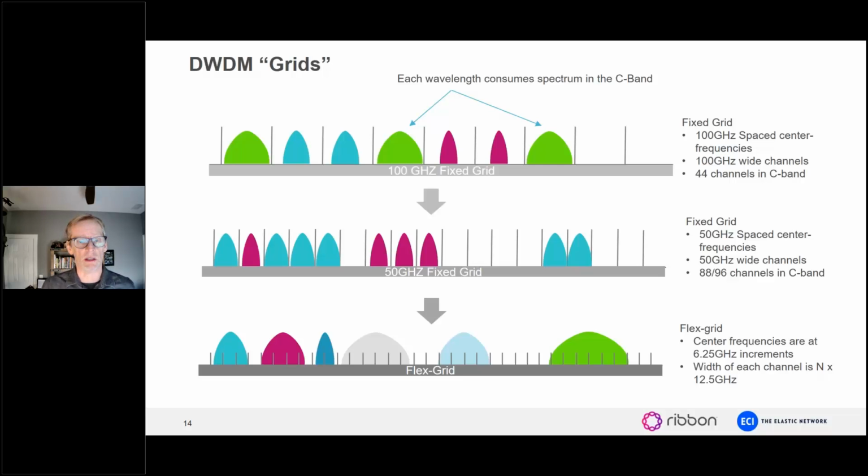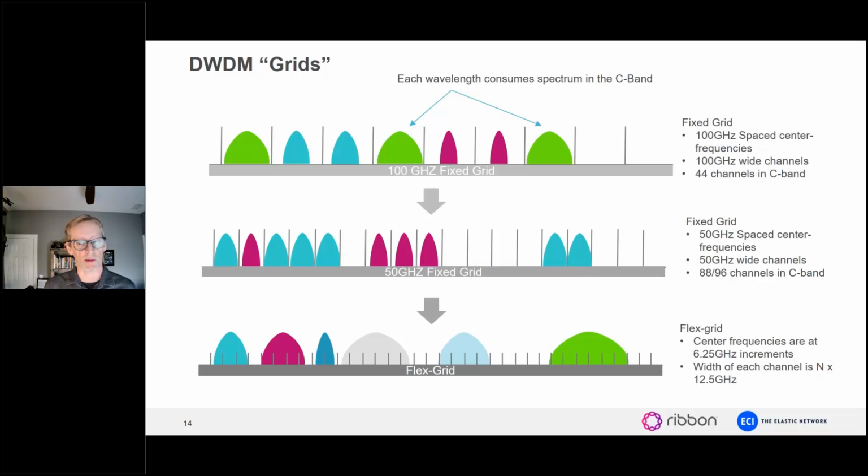You can get a lot more capacity on the fiber, up to 88 or 96 channels in the C-band. But where we are today is something called flex grid, where the line system allows you, the operator, to determine how you want to set up your grid. The center frequencies are at multiples of 6.25 gigahertz increments, and the width of each channel is n by 12.5 gigahertz. So you can have very tiny channels.